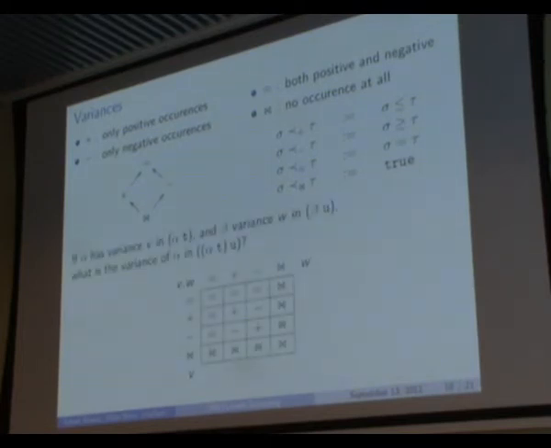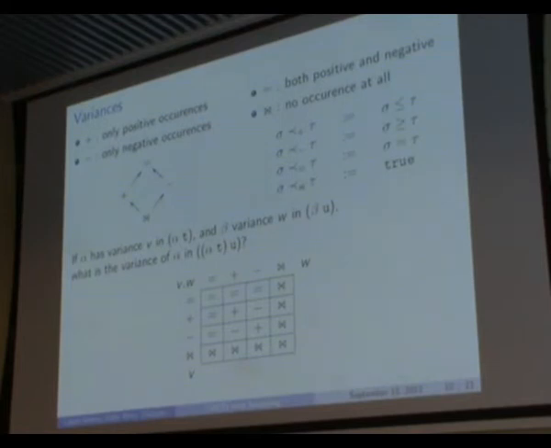And then if the variable alpha has variance v in alpha t, and beta has variance w in beta u, if I compose those two type expressions, what is the variance of alpha in alpha t u? I'm sorry for the Haskellers in the room. I'm using the arguably not so readable OCaml syntax for types here, but you should be able to make sense of that.